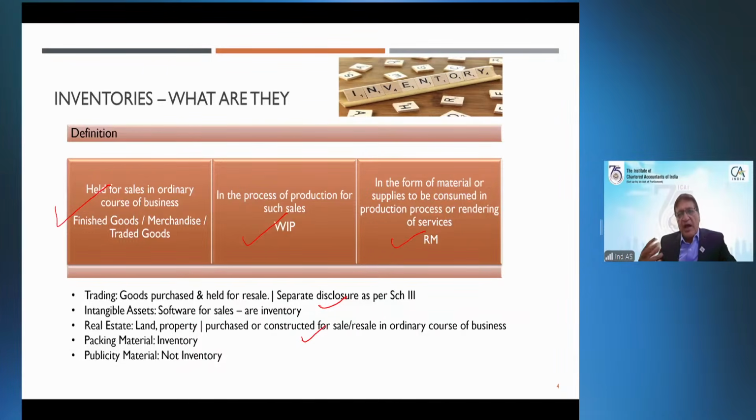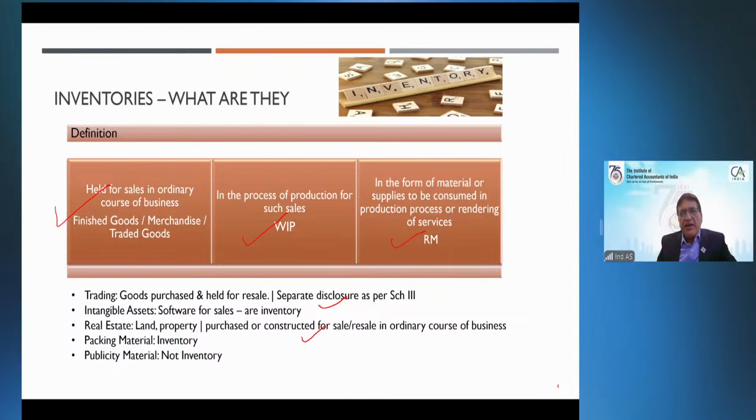But say suppose after it is packed and done, if there is another packing material which is given to the customer to carry that particular item of inventory, then those secondary packaging materials are not part of inventory. They are part of selling and distribution cost.